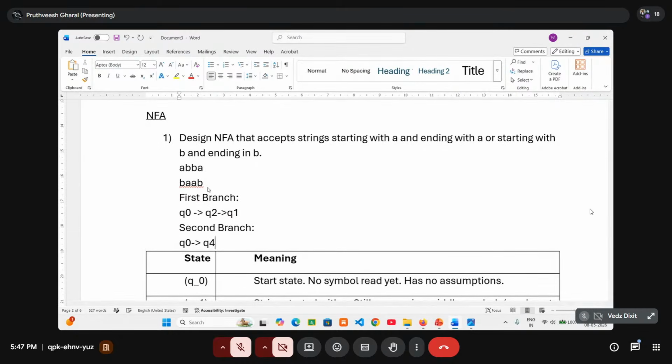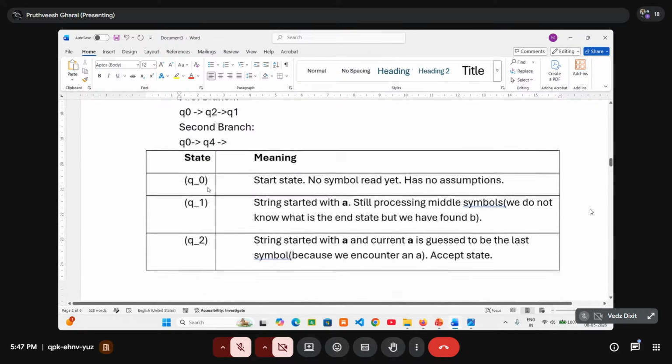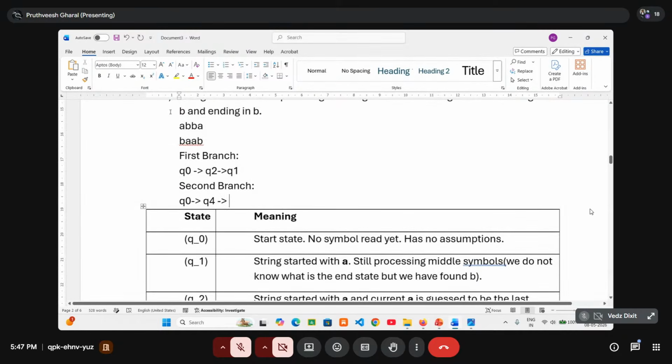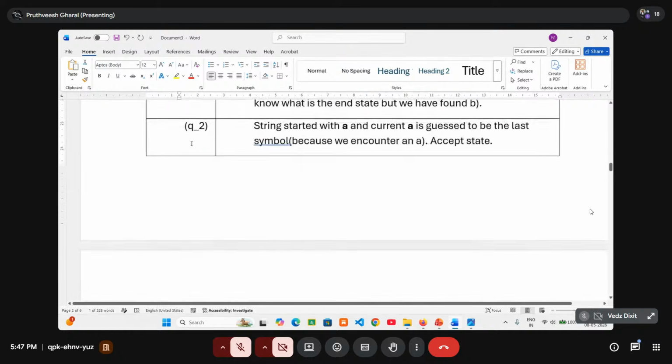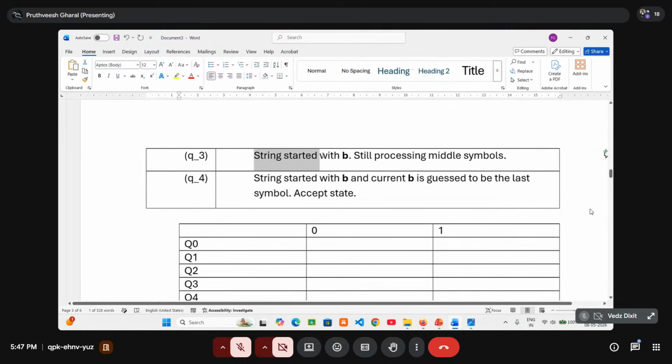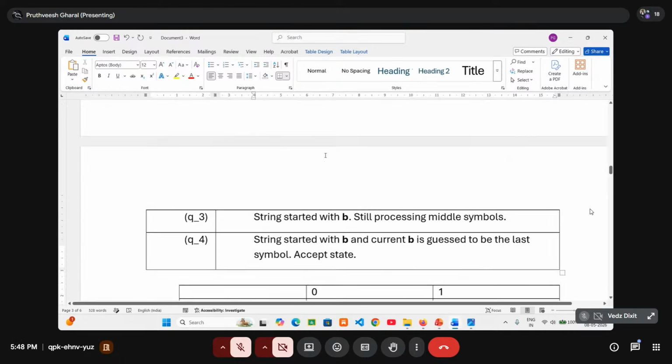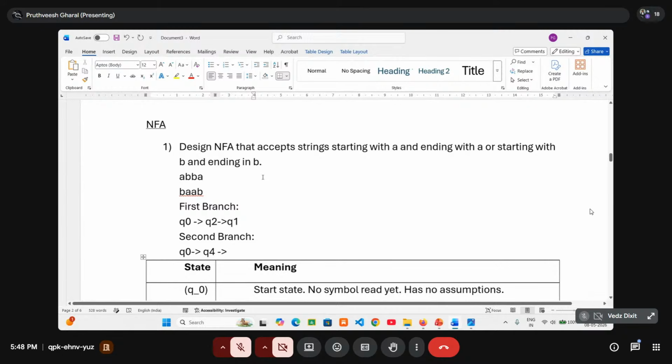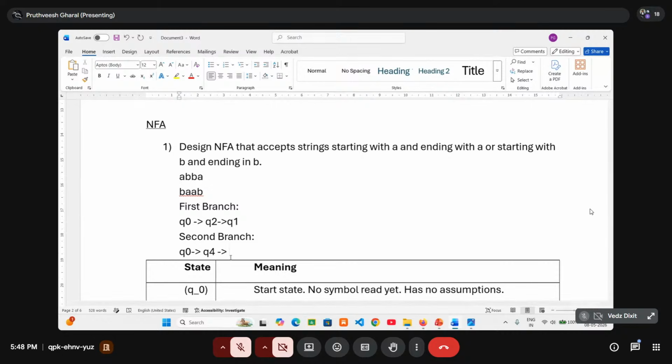Right, now once we encounter an A here, we will assume that the machine started with a B and will end with a B, but because we have encountered an A, we do not want our machine to end on this as the final state.